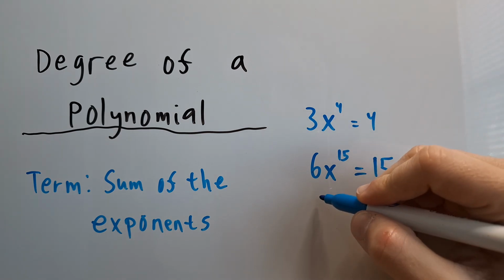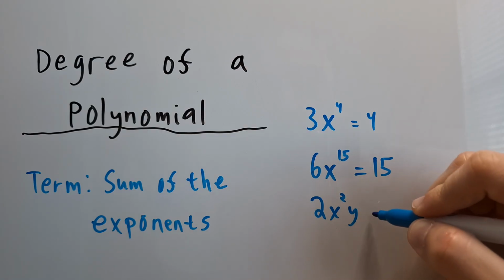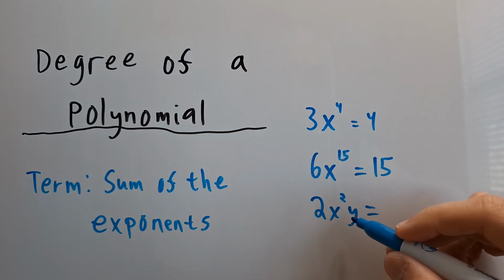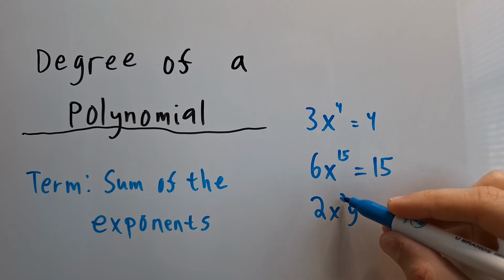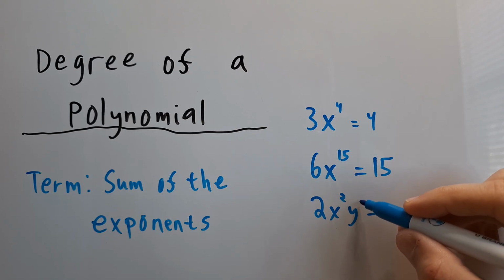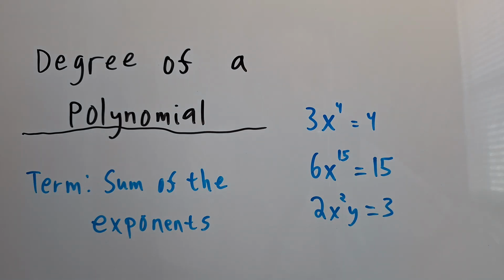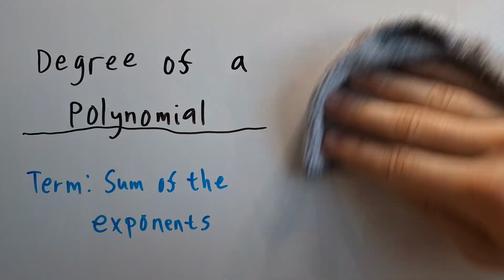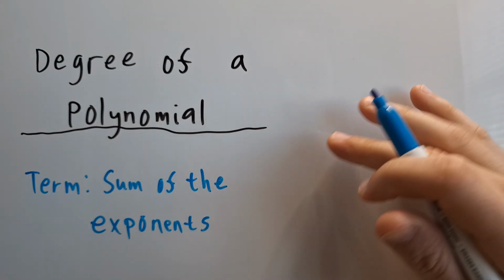If I had another one, 2x squared y. Here I've got two variables, so all I do is add their exponents, which in this case, 2 plus, remember the understood 1 here, that degree would be 3 for this polynomial. So that defines the degree for a term.